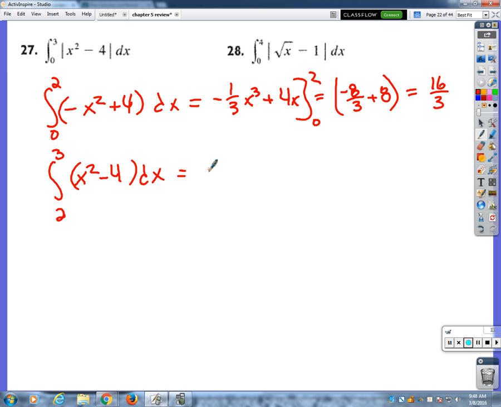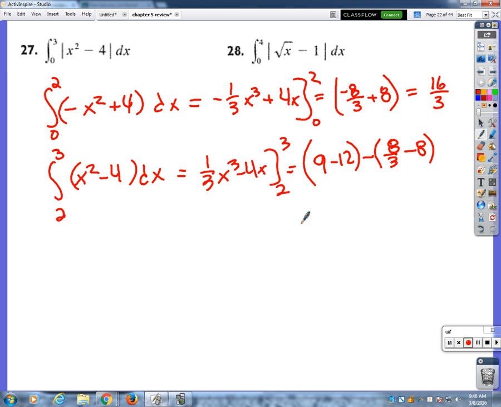Okay, then the antiderivative of this is 1/3 x cubed minus 4x, from 2 to 3. So if you plug 3 into there, you get 9 minus 12. And then if you plug 2 into there, you get again 8/3, but this time it's positive, minus 8. So that's -3.